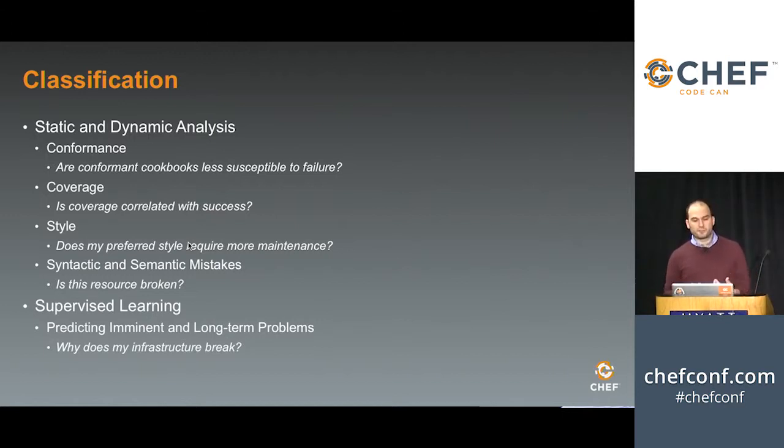And then finally, we have the supervised learning stage. When I came to Chef, one of the things I was thinking about around analytics is that I had been working on diagnostics in medicine. The statistical problems in medicine are really complicated because you have actual outcomes. Someone lives, someone gets better.